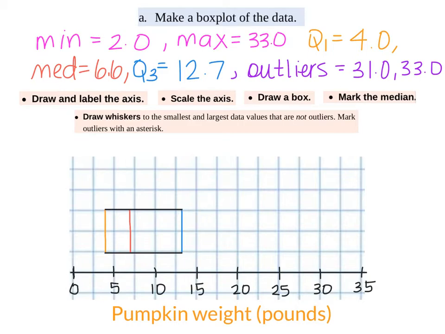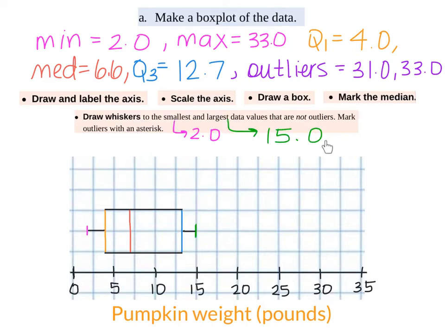So there's our box. We've drawn our box, we marked our median, and now we need to draw our whiskers. That's going to go from the smallest to the largest data values that are not outliers. So we have to go back into our data and find out what our next highest number is before 31.